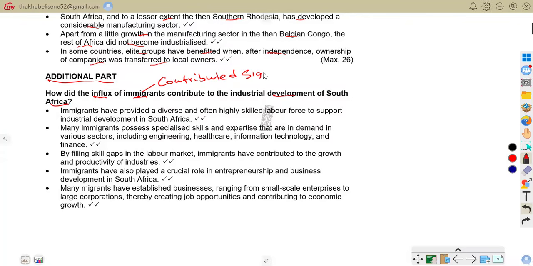significantly to South African industrial development.